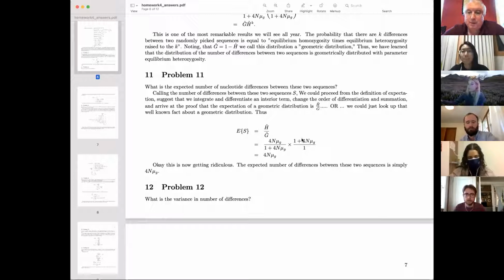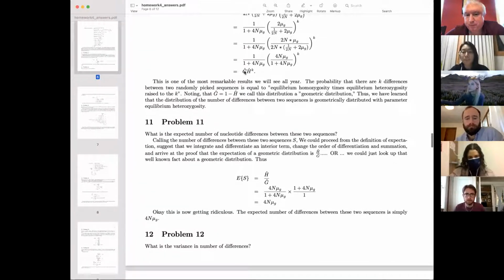So, because the geometric has the form g hat times h to the k, where g is 1 minus h, you can imagine making other geometric series where the first term is g hat times h, and it goes not from 0 to infinity, but from 1 to infinity, and stuff like that.